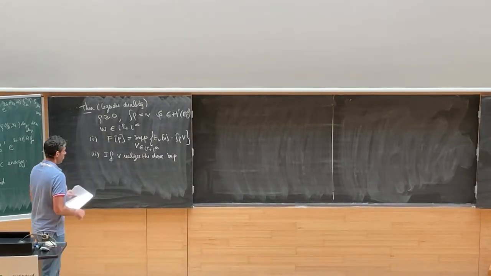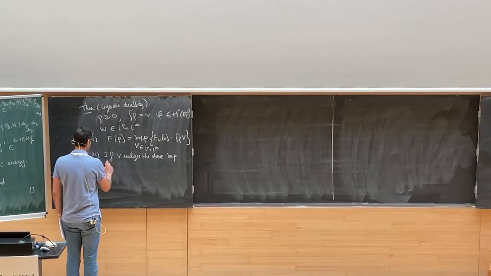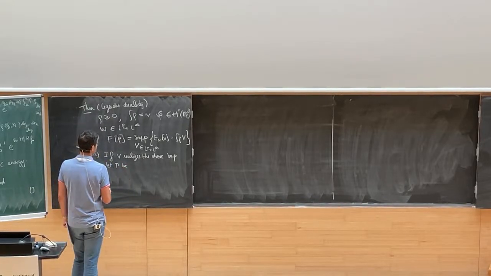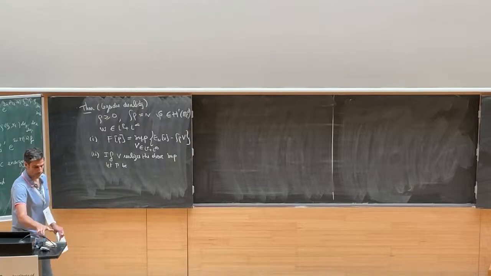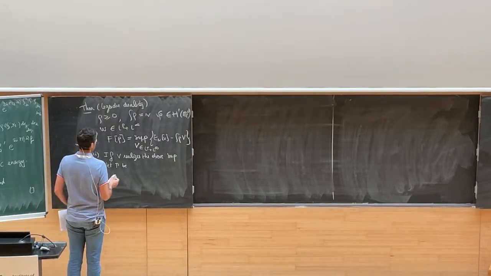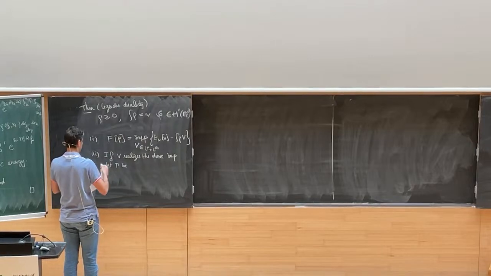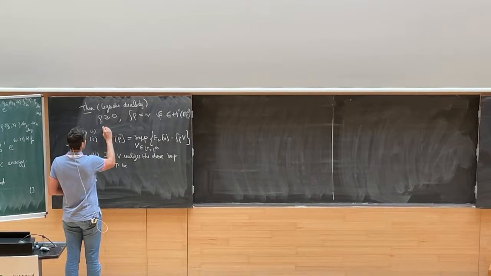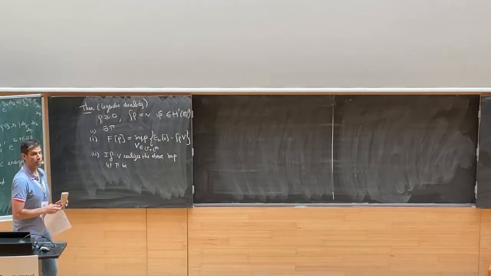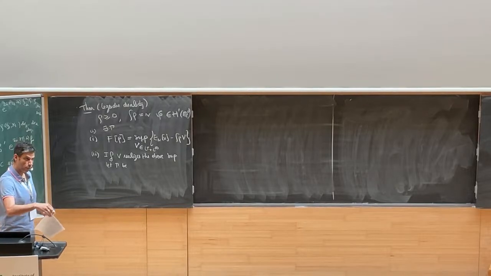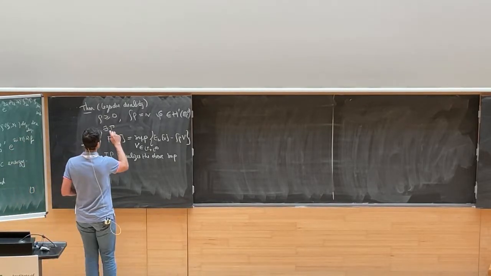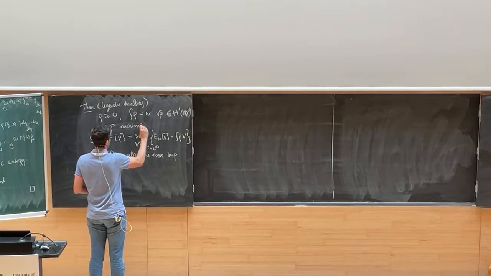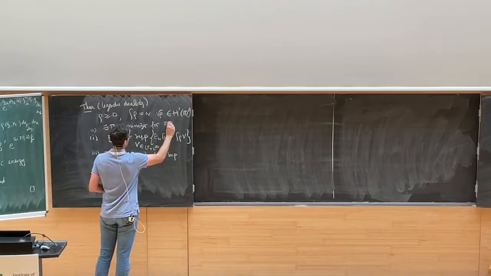Okay, so if V realizes the above sup, let gamma be, oh yeah, I forgot to tell you. Maybe I do it here. There always exists a gamma, so if you fix a rho, then f of rho is the minimum over all gamma. So there always exists a gamma minimizing for f of rho.